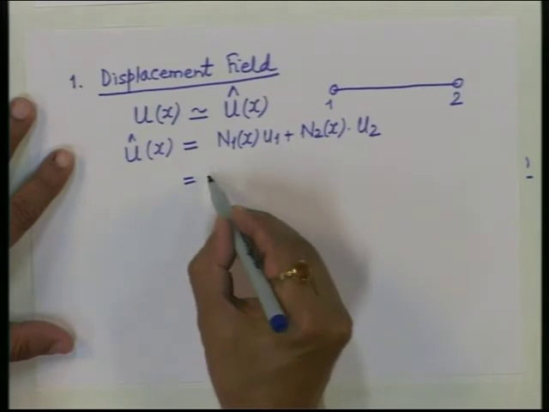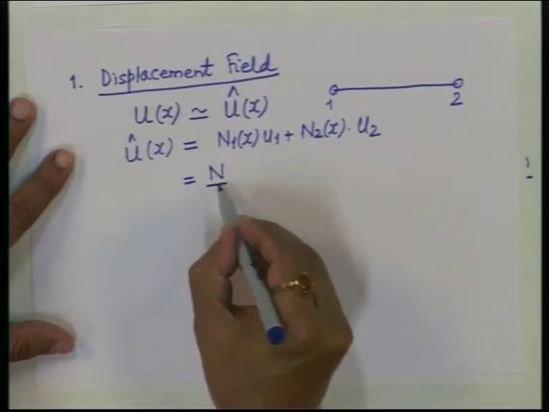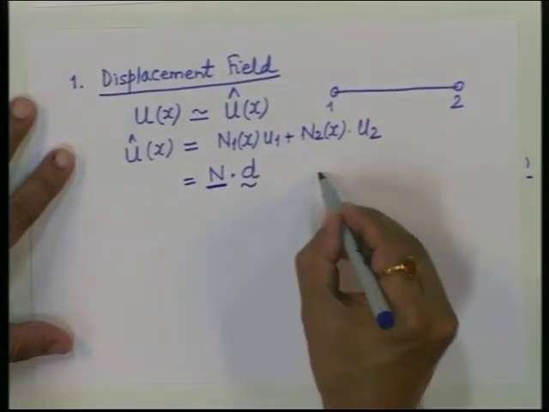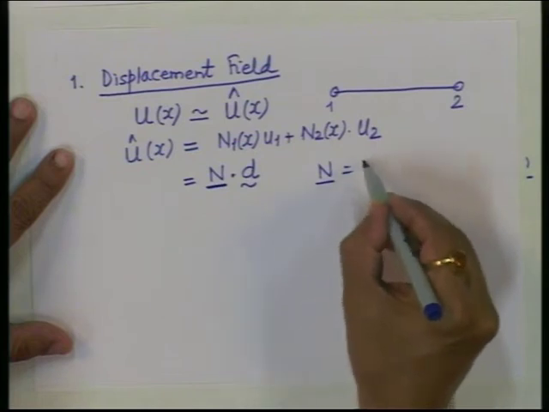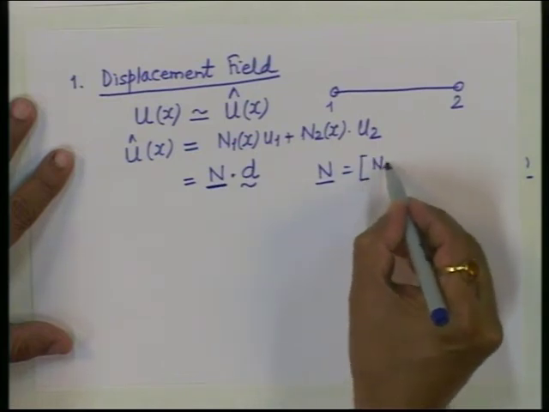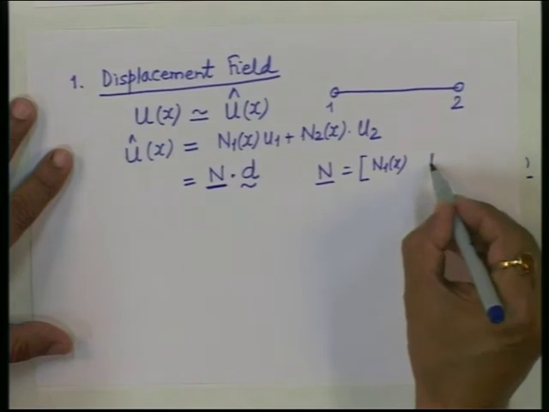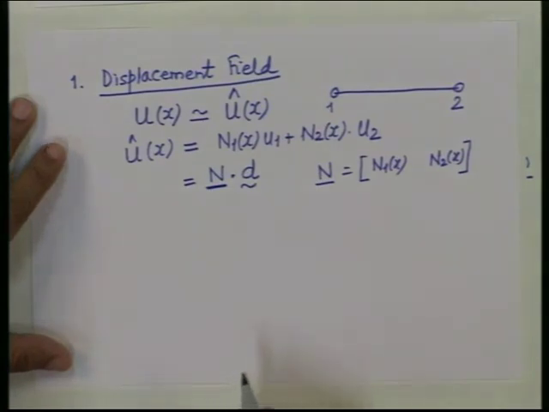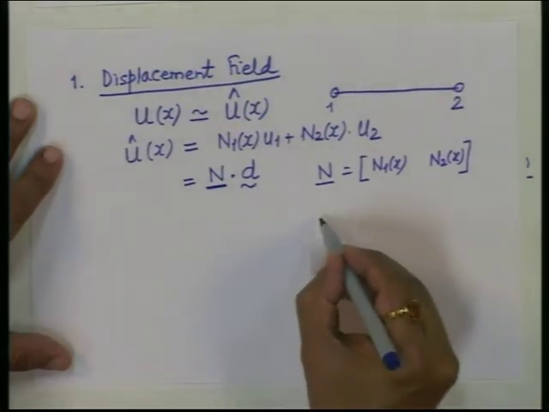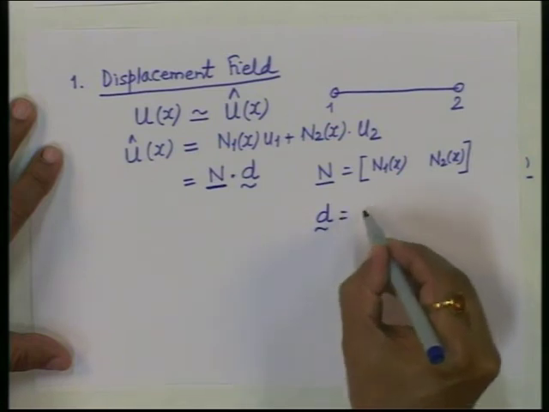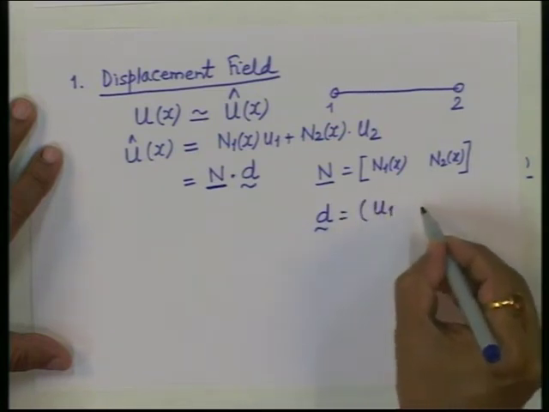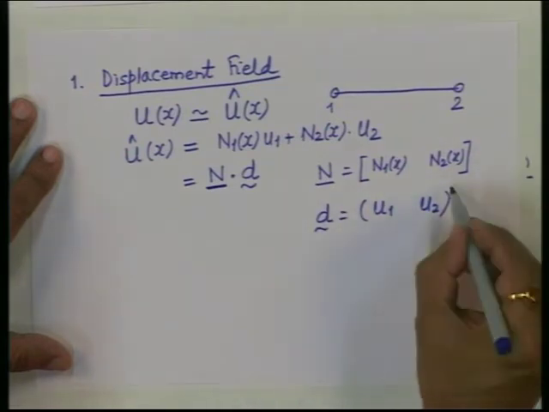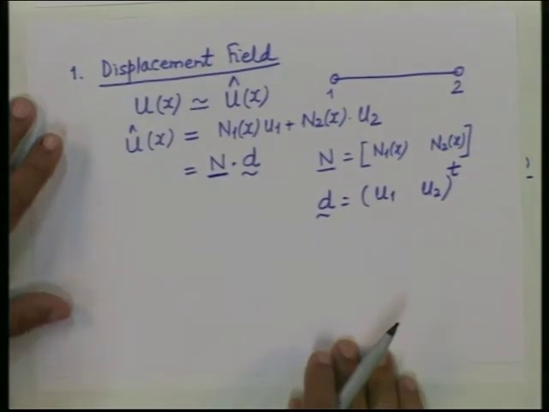I think yesterday I gave you that this can also be written as N times d, where N is a matrix N1 N2, and even if I do not write function of x, all the shape functions are functions of x space, and d is u1 u2 transpose.